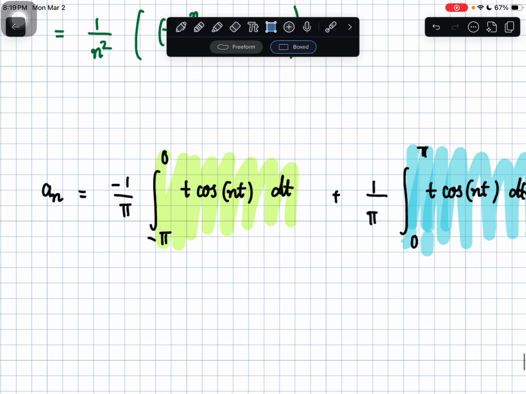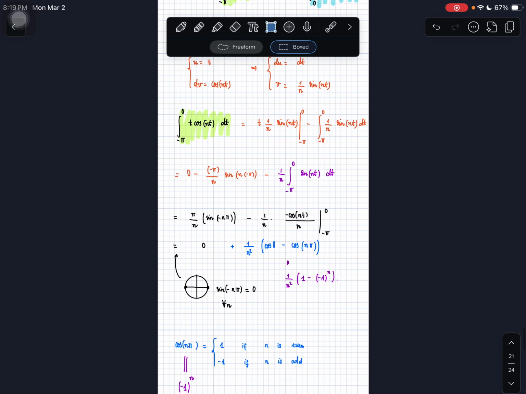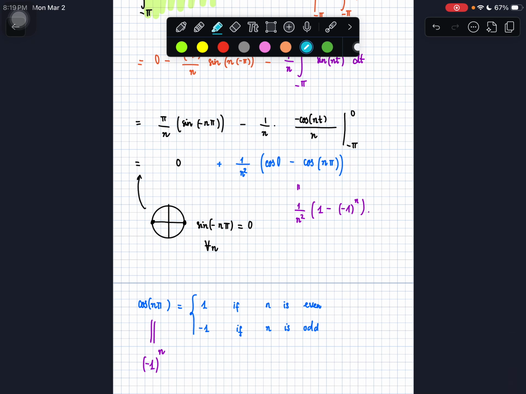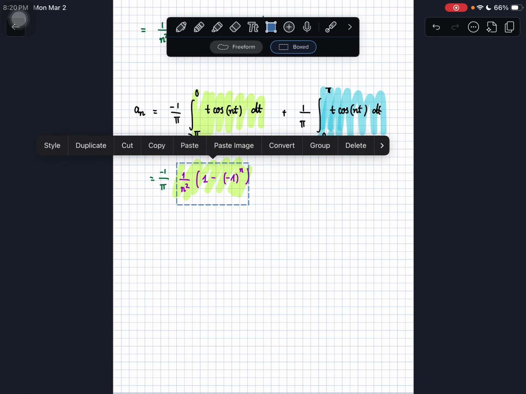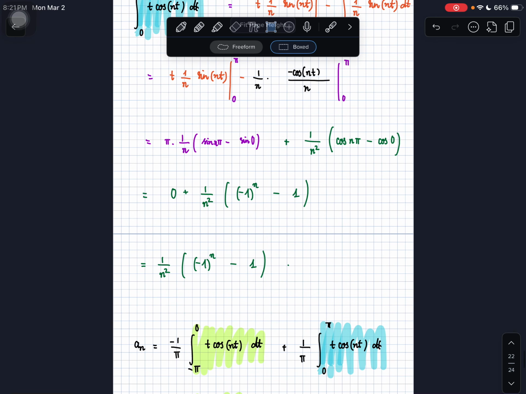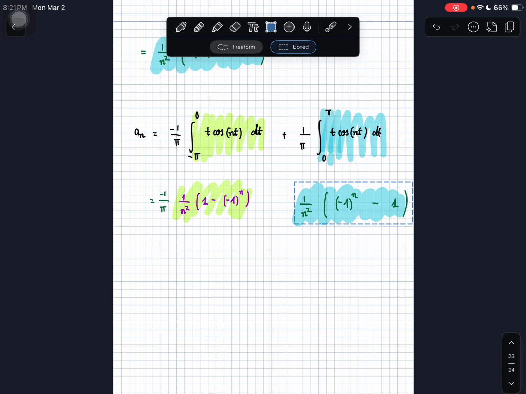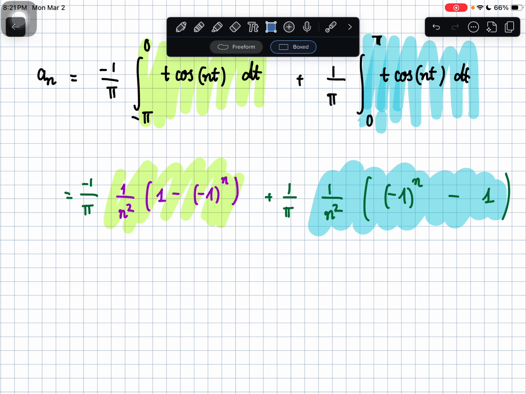It is minus 1 over pi times the first integral, the first one is this one, plus 1 over pi times the second one.